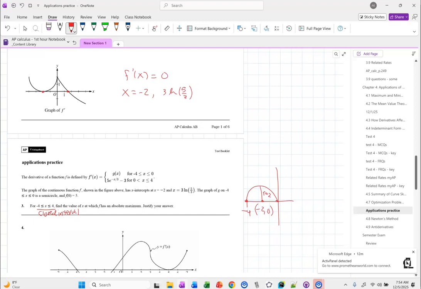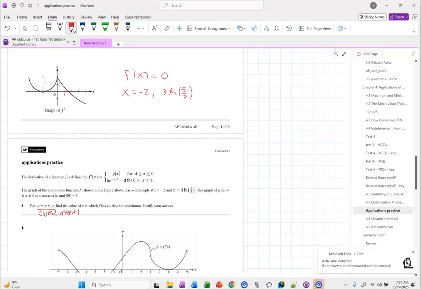Oh, look, this is so dumb. Look, right over here. There's my semicircle. There's my radius of 2. Everybody's okay? Should have looked at the picture more closely.